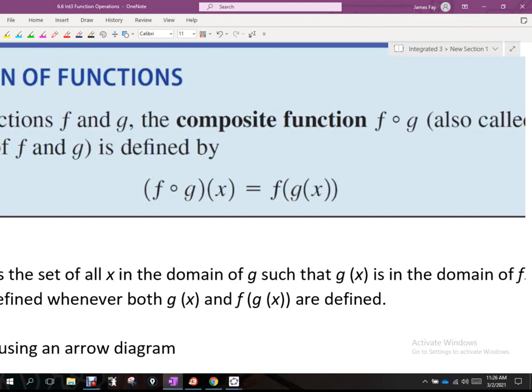So we say F composed with G of X. That notation is kind of old world notation. A lot of people don't like it. So what we do is we just rewrite it. I start left to right, and I write down the first letter I see, and when I see composed, I put a parenthesis. Then when I see the next letter, I write the next letter down, and then I put a parenthesis, and if an X follows that second letter, I just put an X down, and now just close things off.